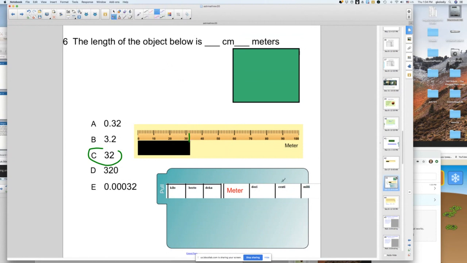So we have 32 centimeters, right? And how many meters is that? 1, 2. So the decimal point is here. And now you guys are answering. All right, good. Yeah, so it's 0.32.